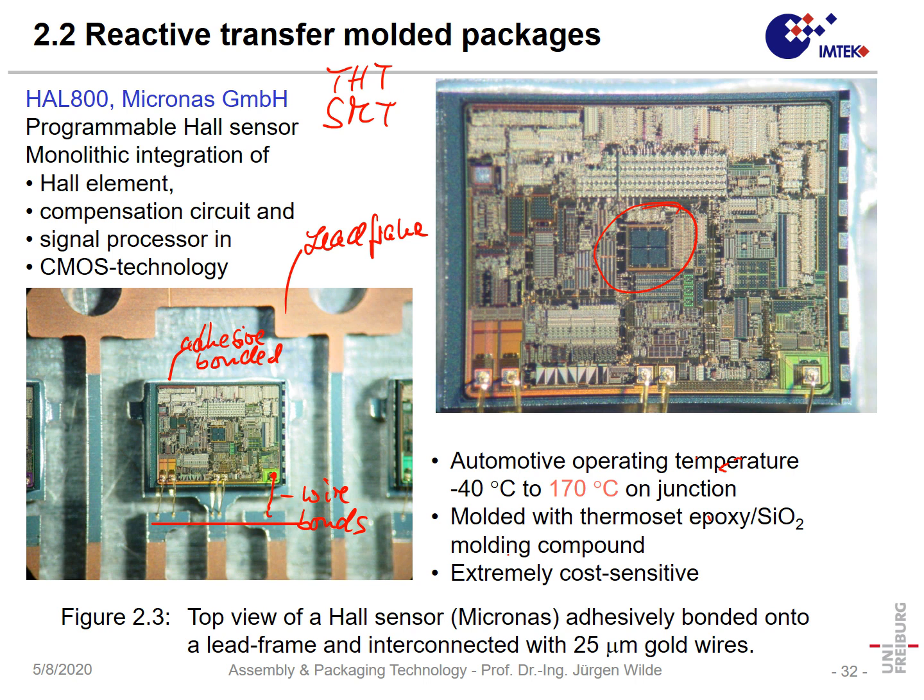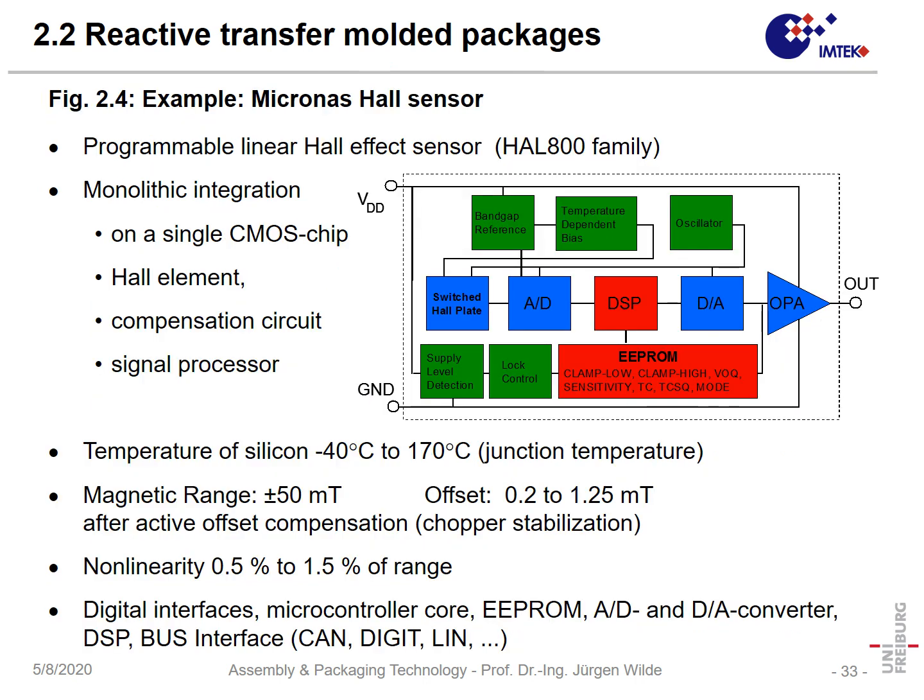Again, we see here our Micronas Hall sensor, which is a very good example of such a device. That device is very complex. I already explained it, so I don't have to go into the details.